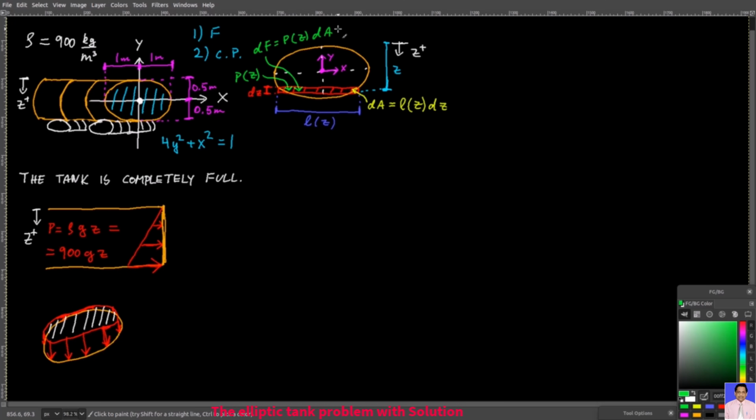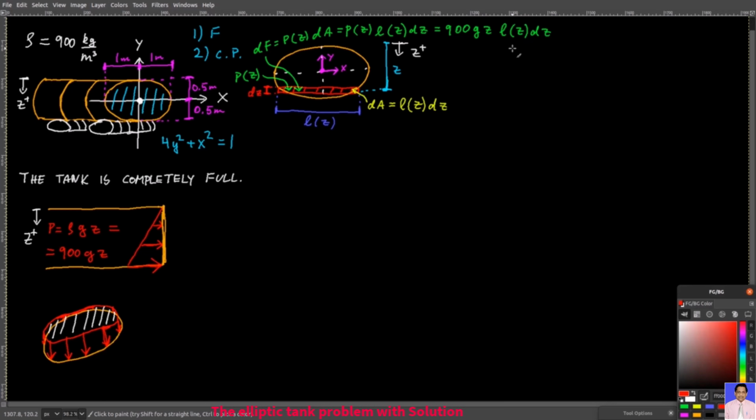In other words, you can rewrite this equation like this. P as a function of z, and instead of dA, you write L as a function of z times dz. And you know your pressure function. It's this one, 900 times g times z. So I'm going to write here 900 times g times z times L as a function of z times dz.